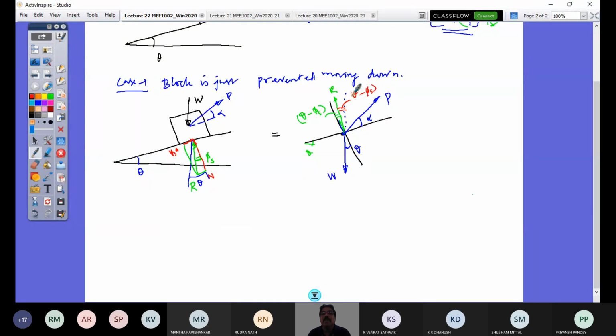Am I right? Whereas this angle is only phi s. Is it correct? Satvik? Yes, sir.